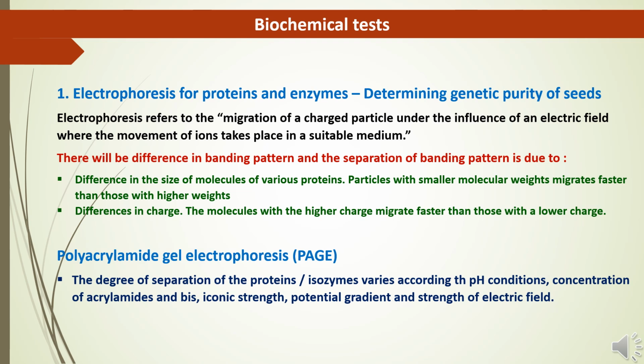Biochemical tests are also used for determination of genuineness of varieties. The first one is electrophoresis for proteins and enzymes. The term electrophoresis refers to the migration of a charged particle under the influence of an electric field, where the movement of ions takes place in a suitable medium.